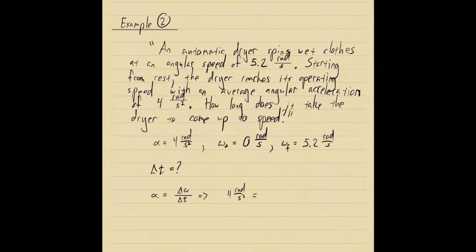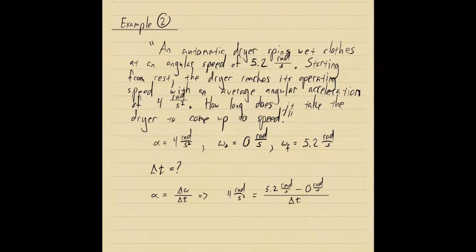And on the right, we have our final angular velocity, 5.2 radians per second, minus our initial angular velocity of 0 radians per second. Gotta make sure I don't write meters per second. And all that is divided by delta t.